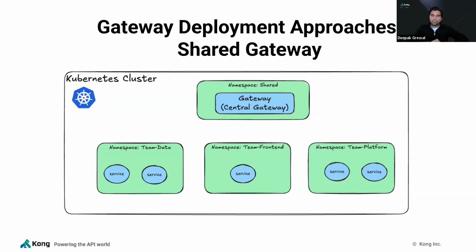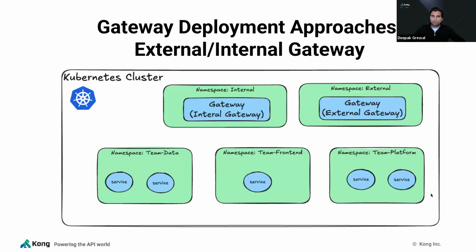But anyway, coming back to this. This is sort of the example we've seen where we have a shared gateway. But we can go into other types of architectures here. This is another form of architecture where you could have an internal gateway versus an external gateway.